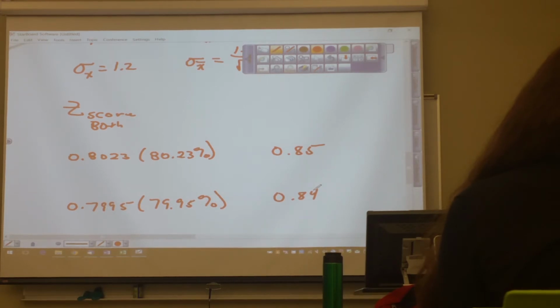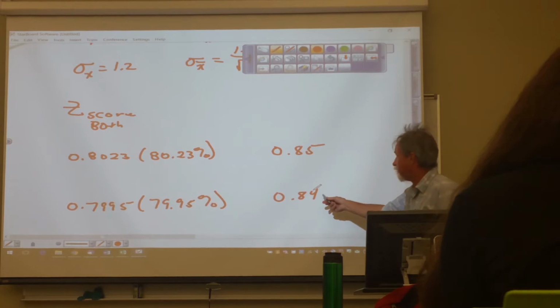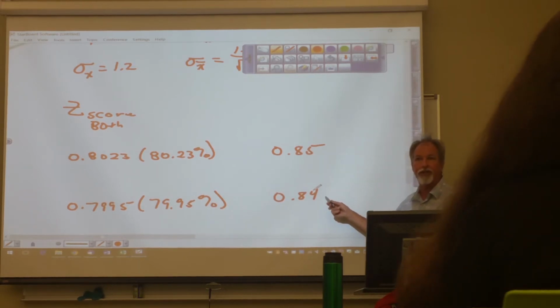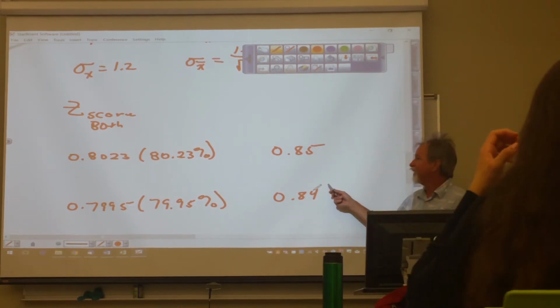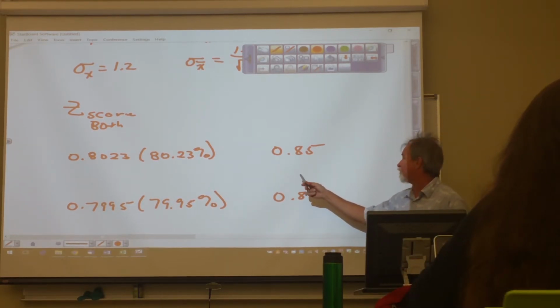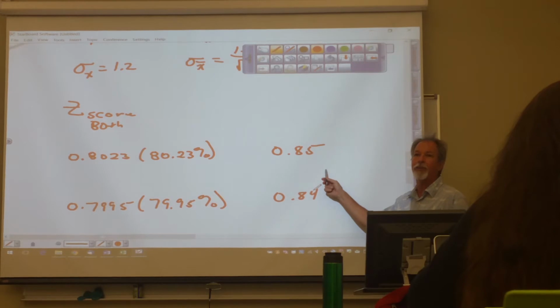I gotta make a judgment call on this. And everybody's gonna make a little bit different of a judgment call. So if you use 0.84, you're probably good. If you use 0.841, you're still good. If you use 0.845, you're probably a little high.